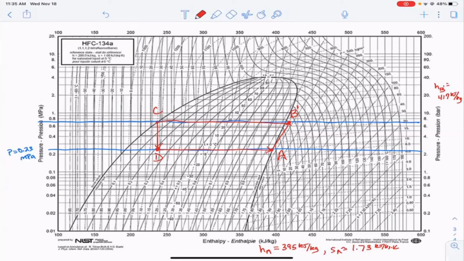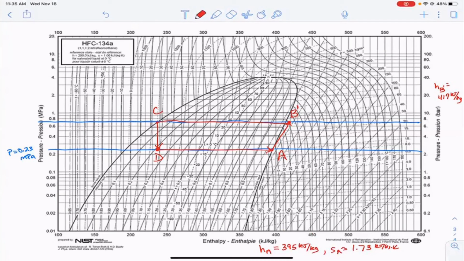Now, you might see 415, you could see 419, it would be pretty similar. But when I did this and I had a ruler and I went straight down, each of these lines here are tens. And so I was able to get something that was like, we'll call it 417, okay? So now we have the isentropic case for B.